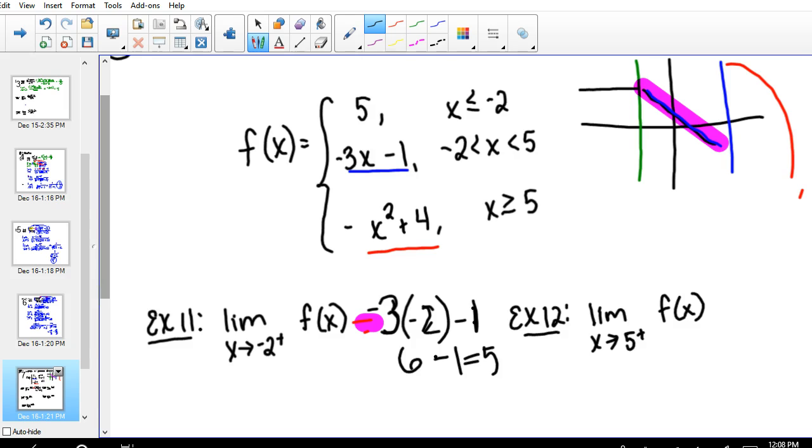For 5, if you're looking from the right, then that quadratic is the equation that's on the right of that line. So you would plug in 5 into the bottom equation. So you would say -5 squared plus 4. So -25 plus 4.